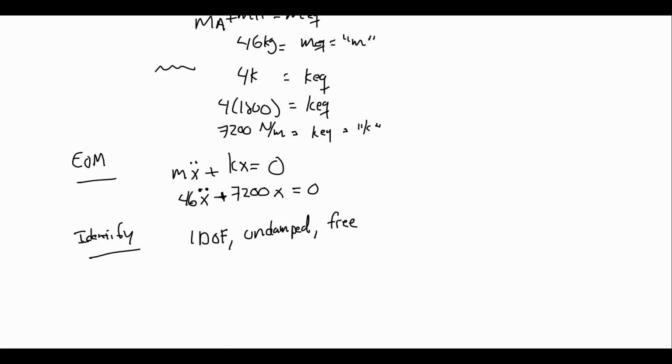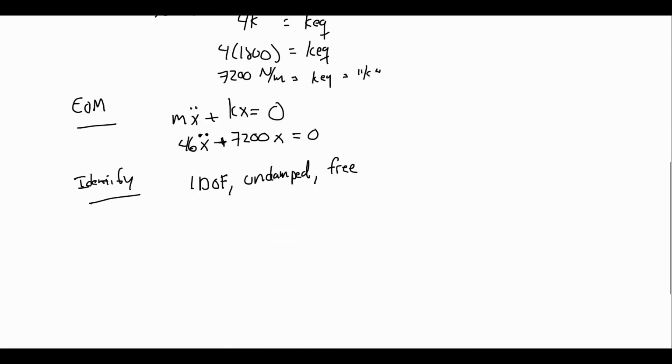There is no forcing. So based on these characteristics, we can look in our tool chest at what the solution to a problem of this form looks like, and this is what we just covered in the previous two subsections. We know that x of t for a system that looks like this will be in the form of a cosine of omega n t minus phi.